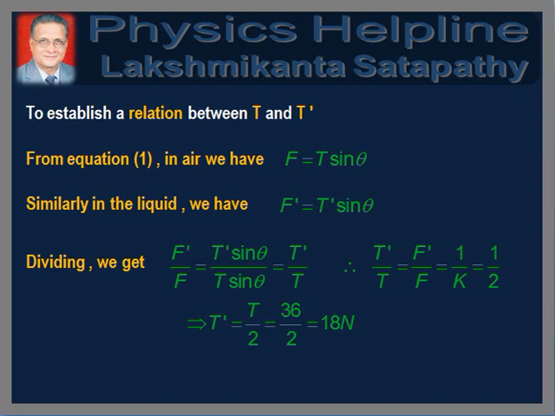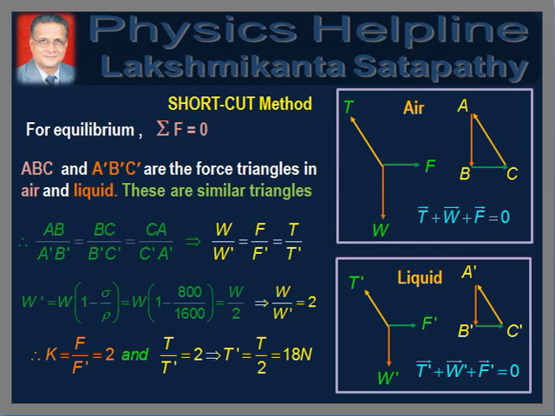Similarly, inside the liquid we have F dash is equal to T dash sin theta. Dividing we get T dash by T is equal to F dash by F is equal to 1 by 2. This implies T dash is equal to T by 2, which is equal to 18 newtons, which is the answer to the second part of the question.